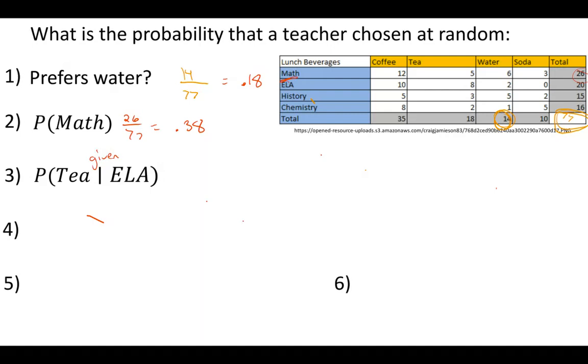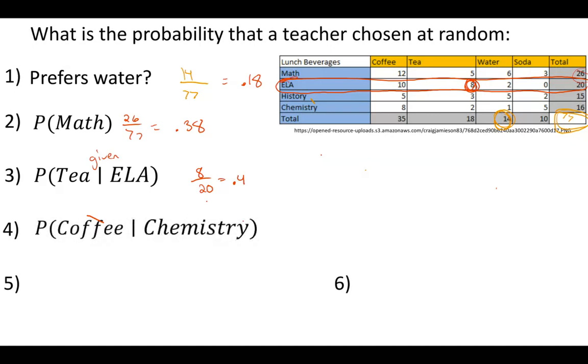What I do is just circle ELA and the whole row that goes with it. All of the ELA teachers, how many would choose T? So of those, we only care about those numbers. The T number is 8 out of 20 total ELA teachers. So that's 0.4. So 40% of the English language arts teachers preferred to drink tea.